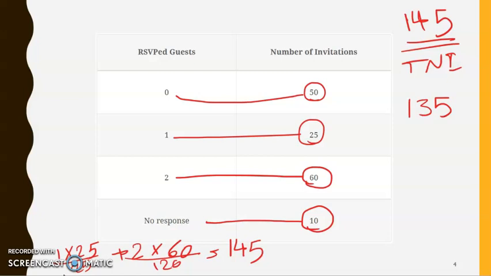So what about the no response? If we assume that none of them will come because they didn't respond, then the total number of guests who are coming would be 145. But someone may say, no, it is not that. Some of the no response people may come. Probability, uncertainty.